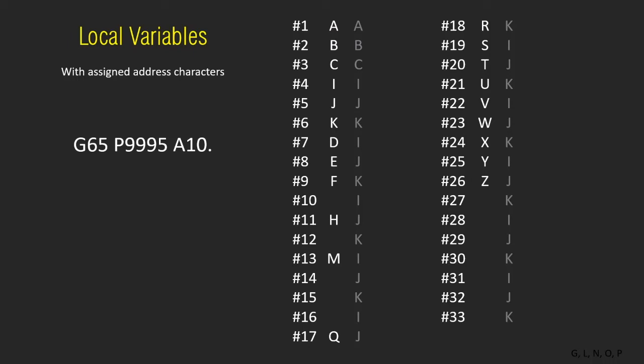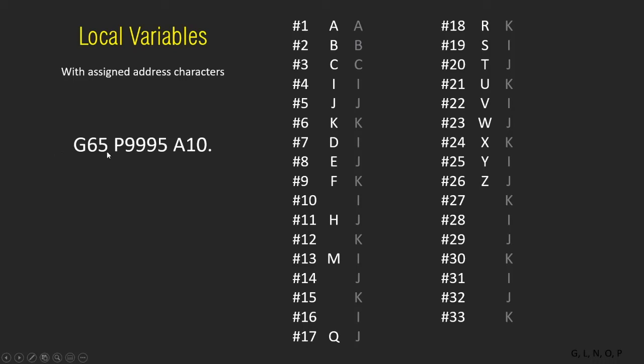That's what local variables do. The letters that you see here, we have almost all of them. The only ones that we're missing is we cannot use O. You're not going to see an O because that's a program number, and that's the only thing that's used for. We won't see an N because we can't use that because we might have an N code that we want to have in the front of this line.